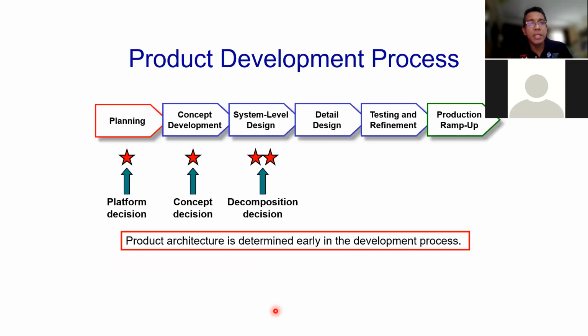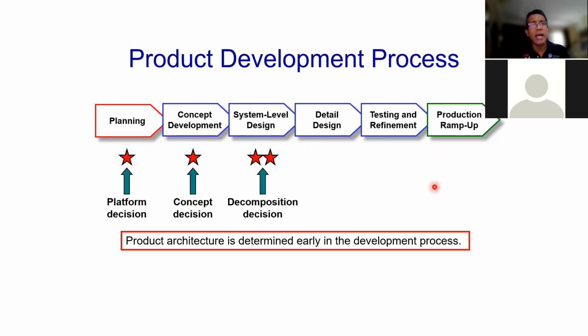All right. For the product development process, I think you already know we have this typical process for development. We have planning, concept development, system level design, detail design, testing and refinement, and production ramp-up.